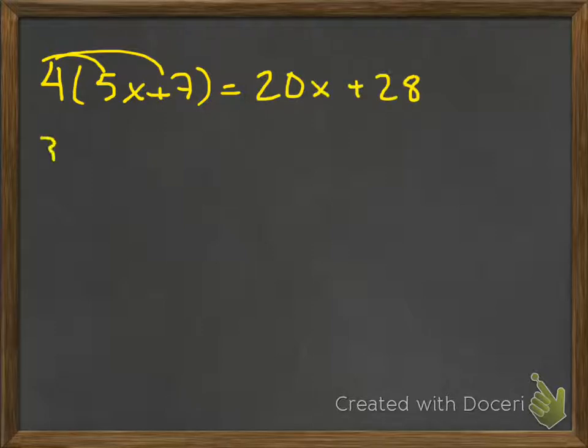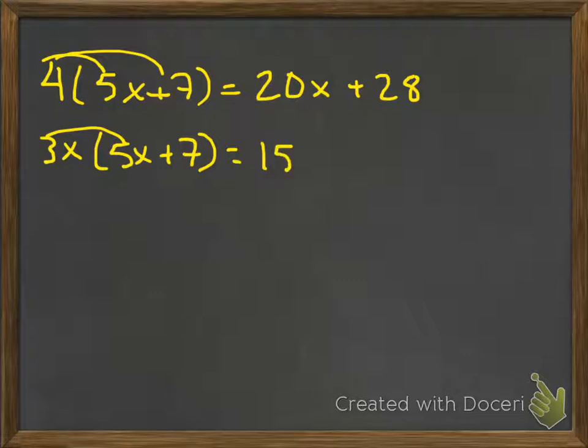You can do something very similar with 3x times 5x plus 7. Here, 5 times 3 is 15, but x times x gives me x squared, because I'm saying 1 plus 1. And then 7 times 3 is 21, but I can't forget the x.